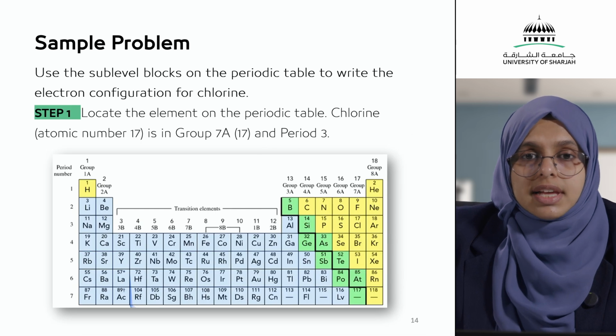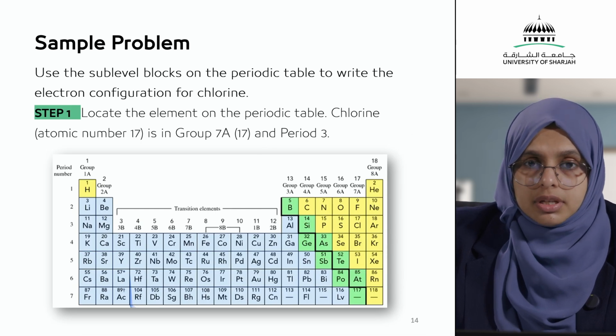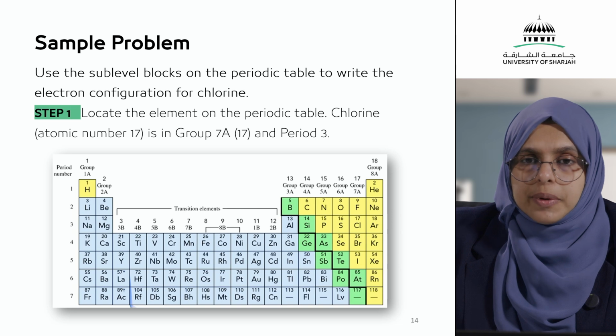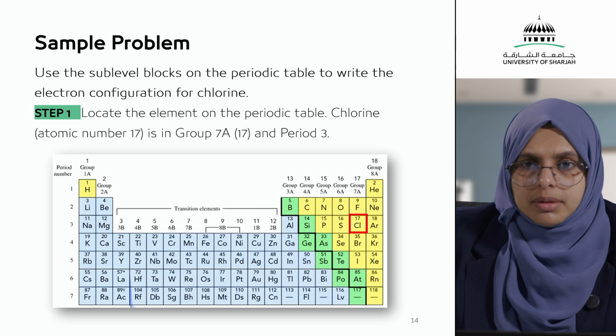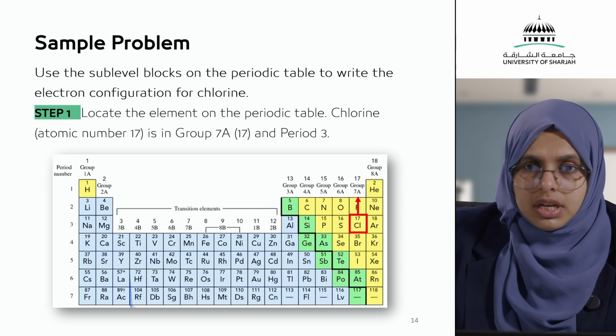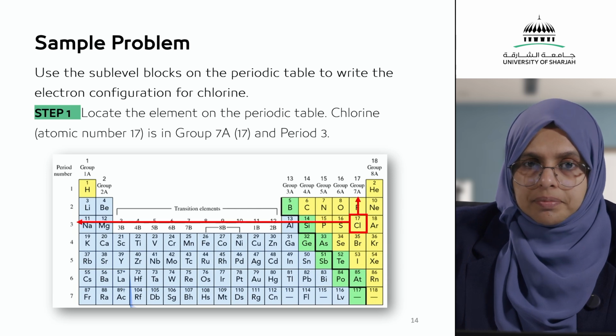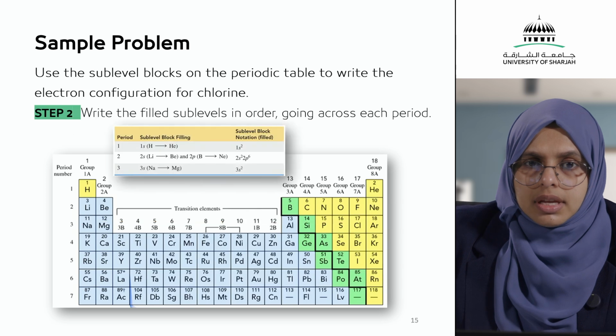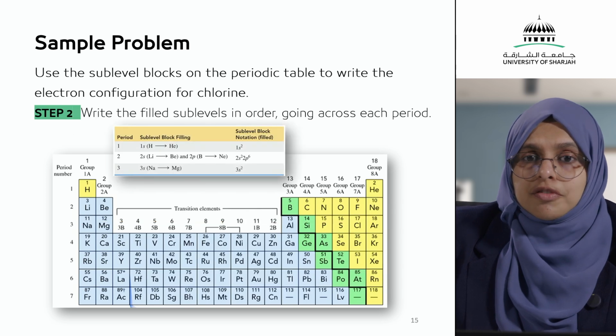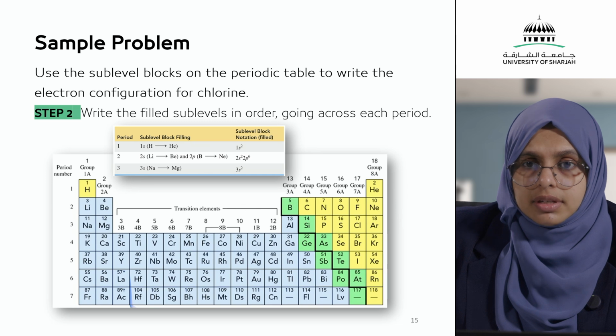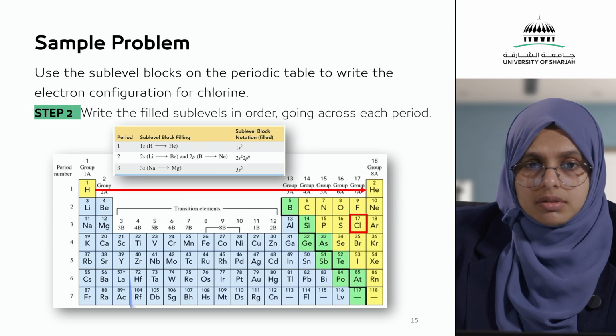Now how you can use the sublevel blocks on the periodic table to write the electronic configuration for chlorine. Step 1, locate the element on the periodic table. Chlorine, with atomic number 17, is in group 7A or 17 and period 3. Step 2 is to write the filled sublevels in order going across each period. The first energy level, 1s2.